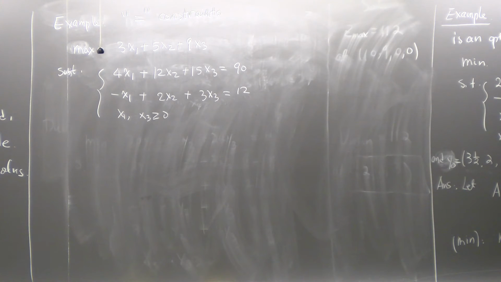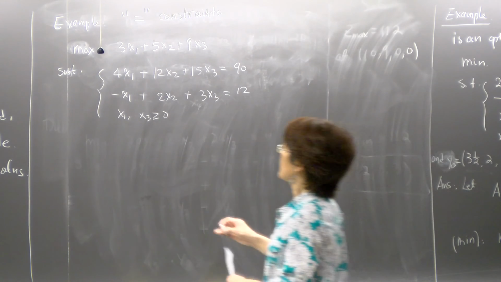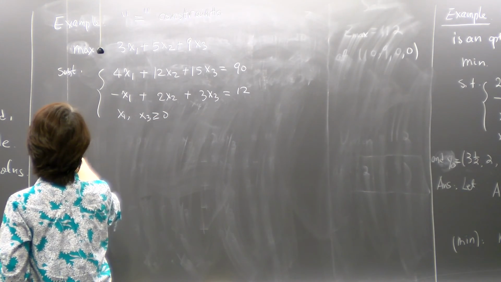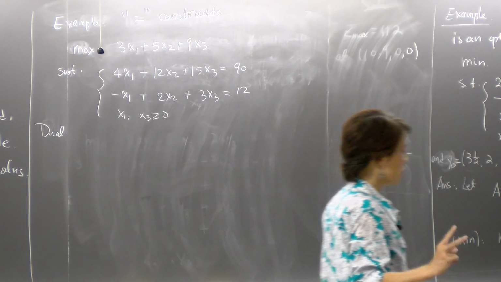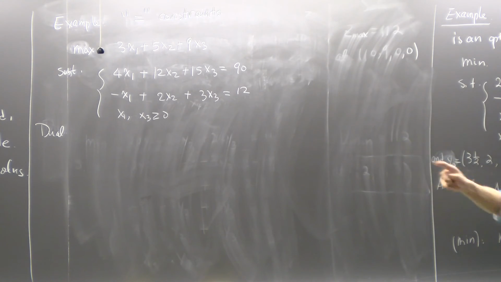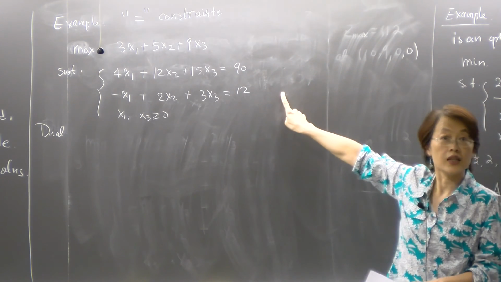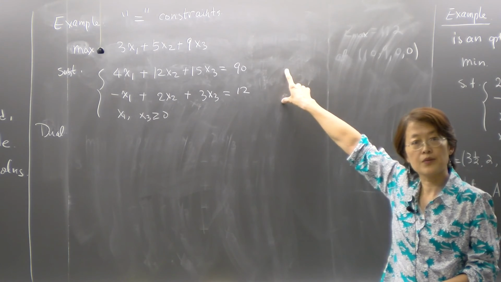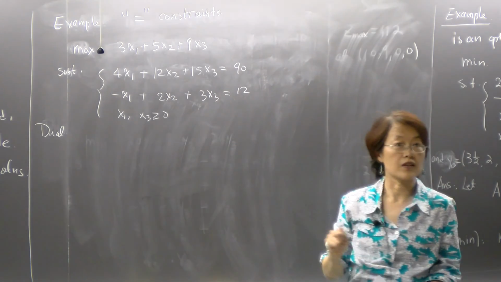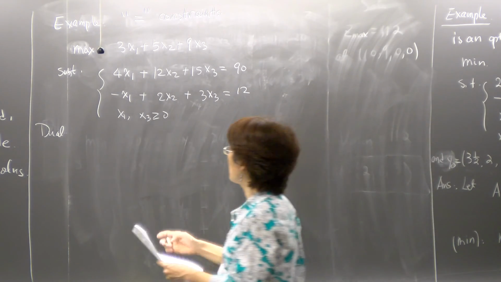And if you want to write out its dual, are we okay to write out the dual? So the dual will contain two variables, y1 and y2, one for each constraint. And they will both be unrestricted, right? Because they come from equal sign constraints. Okay? So let me form the dual.